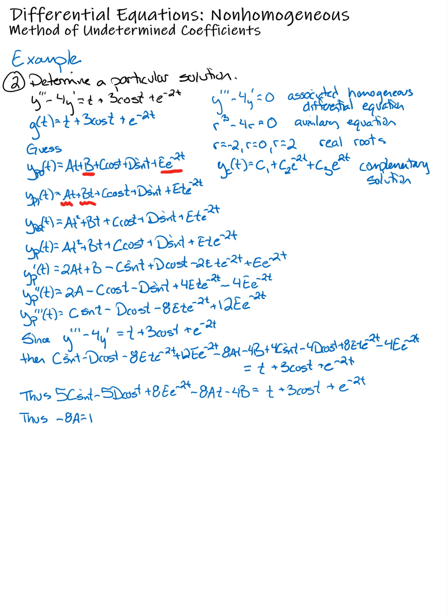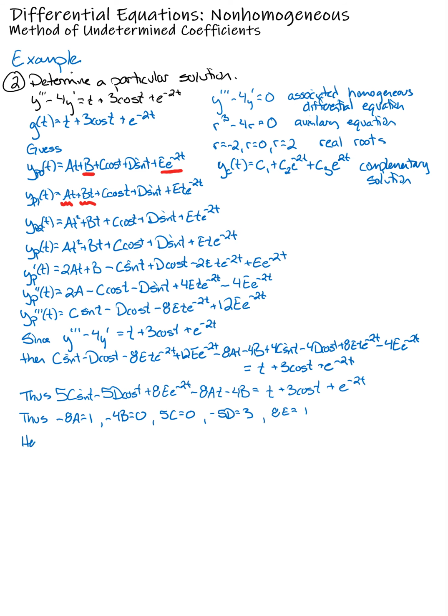Looking at my constants, we have negative 4b is equal to 0. Looking at the sine terms, we have 5c is also equal to 0. The cosine terms give us that negative 5d is equal to 3. And looking at the e terms, we have 8e is equal to 1.